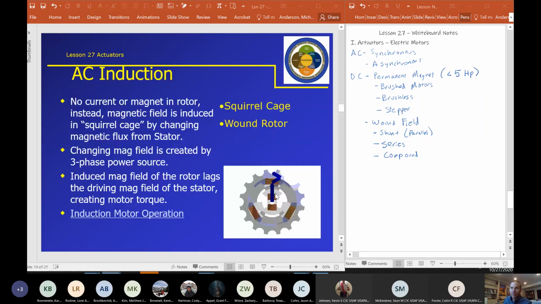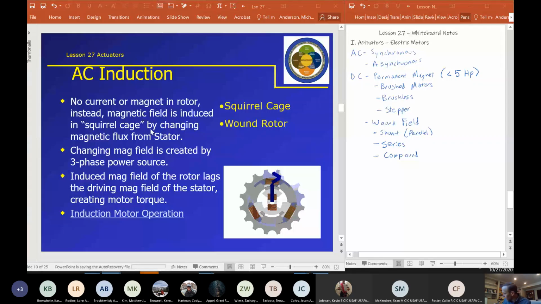We don't actively transmit any current to it. Current runs through the outer stator of the motor, which will have the windings around it. So there's no current or magnet in the rotor itself. Instead, there's a rotor that has a part known as a squirrel cage, and the squirrel cage has a magnetic field that is induced into it, and that's where we get the term induction from.